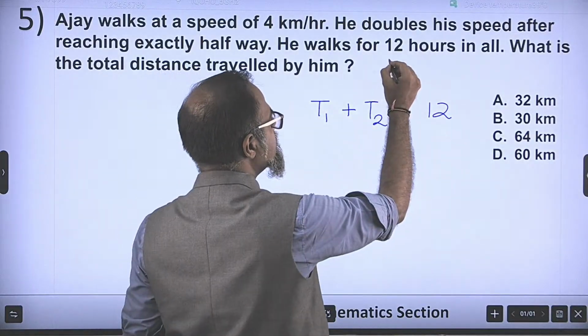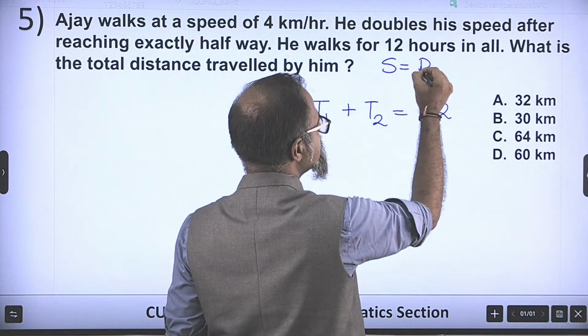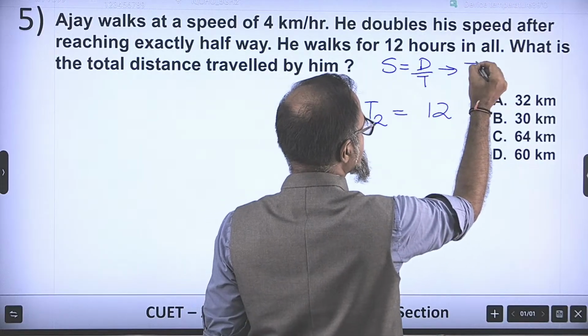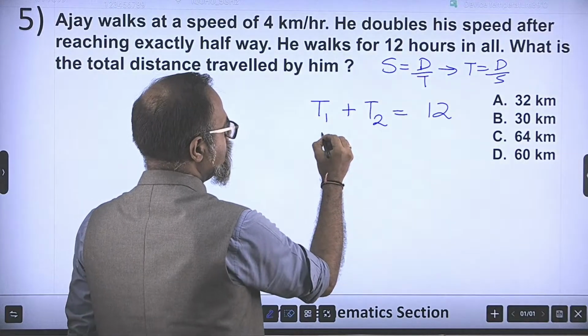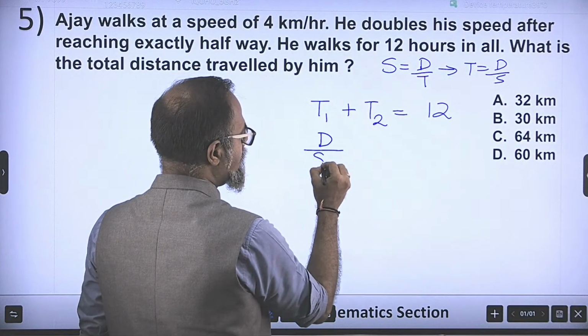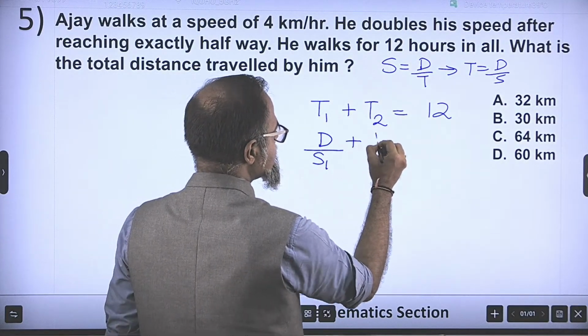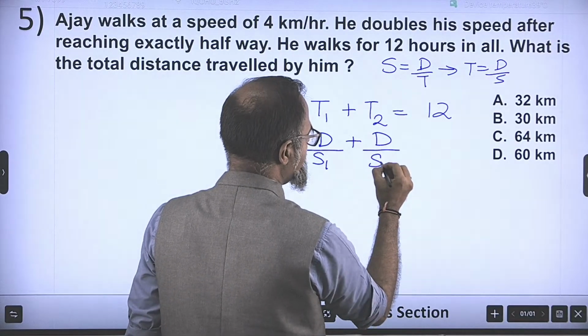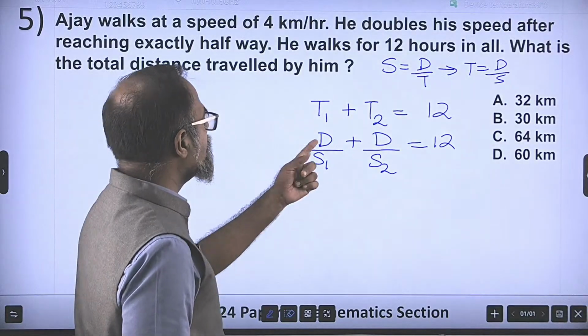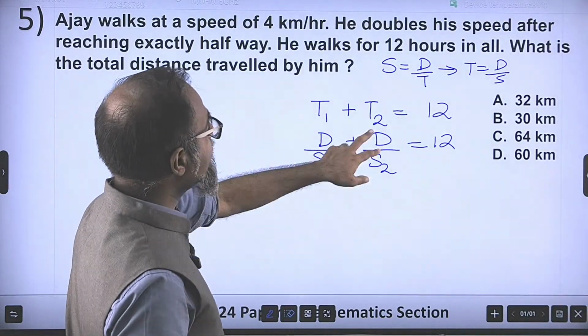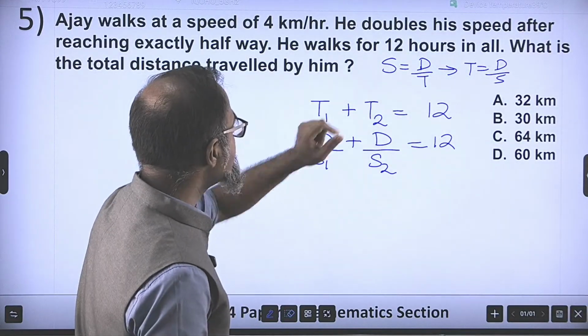And speed is distance upon time, which means time is distance upon speed. So the first half distance upon the speed plus the second half distance upon the speed should be equal to 12. Now, the first half distance and the second half distance are same and the speeds are 4 and 8.